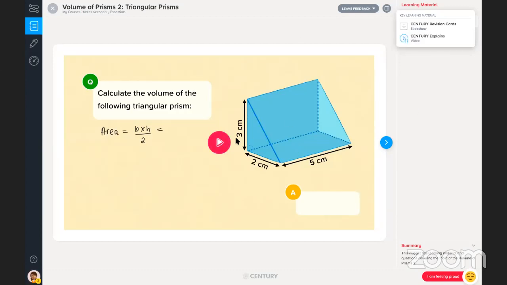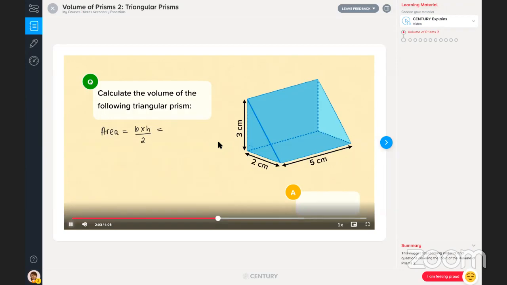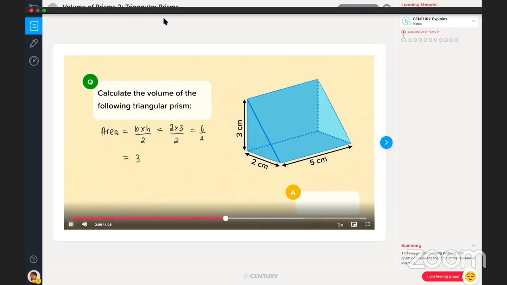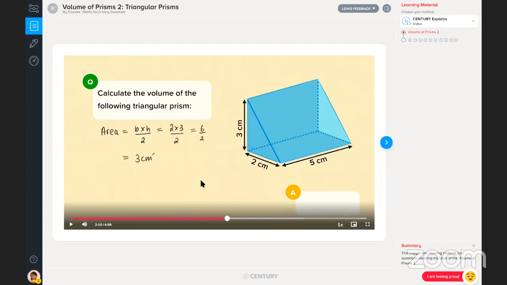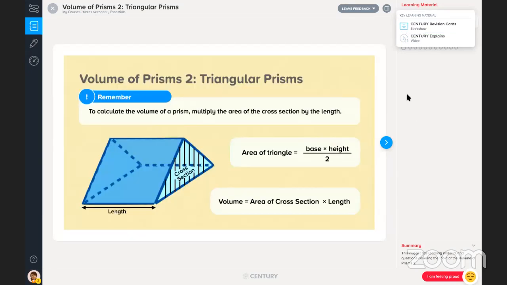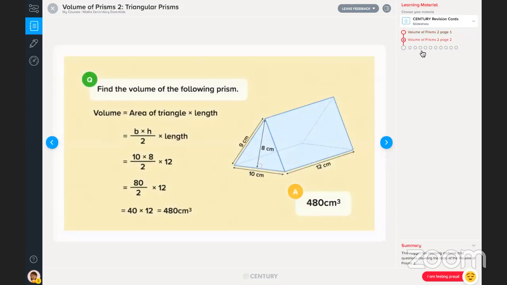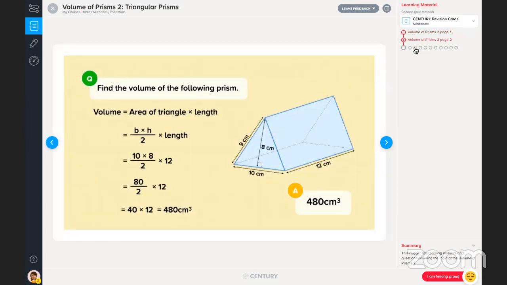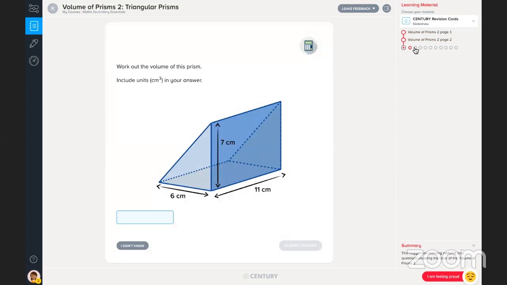Now, if you'd already done this topic before and you don't need to watch the whole video, you're just revising, you could also just look at the slides up here. So it's going to be some flashcards with the information that you need and an example, or you could go straight into the questions. So let's do that now.